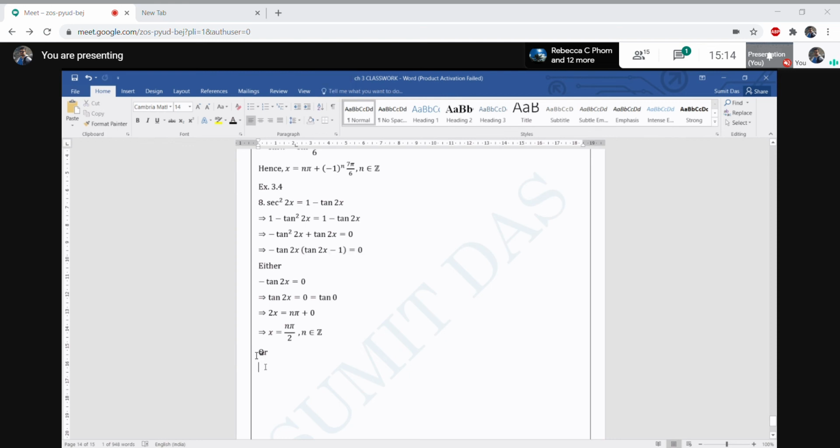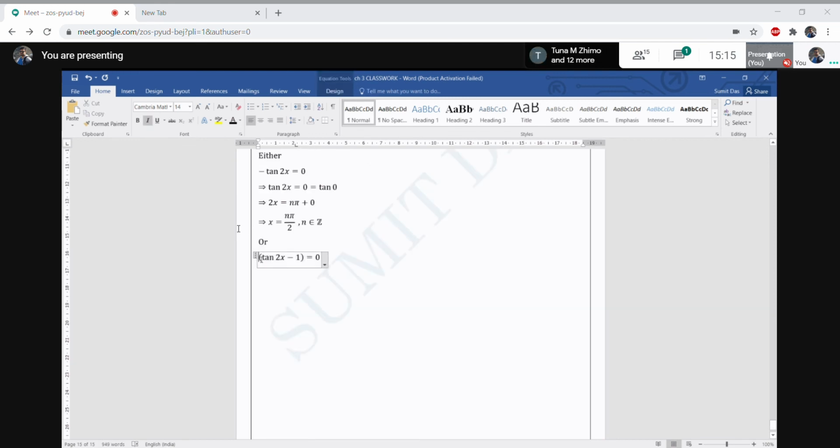So if this part is 0, tan 2x minus 1 equal to 0. So tan 2x value will be 1.